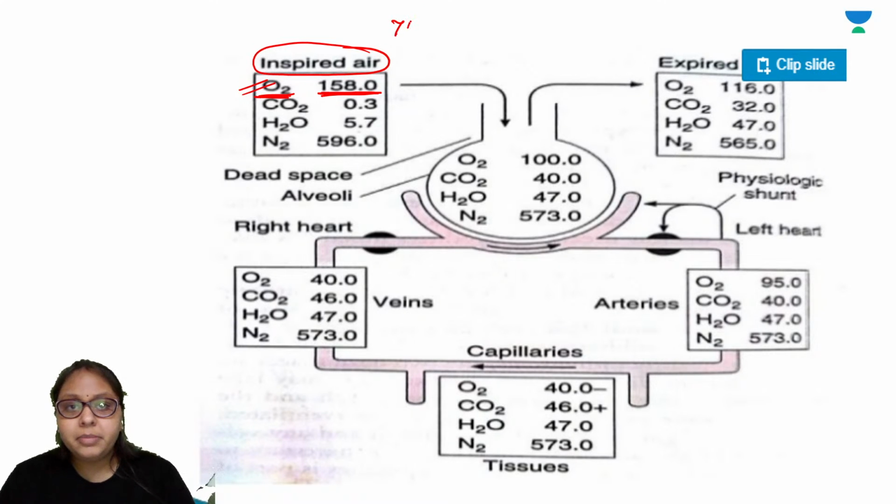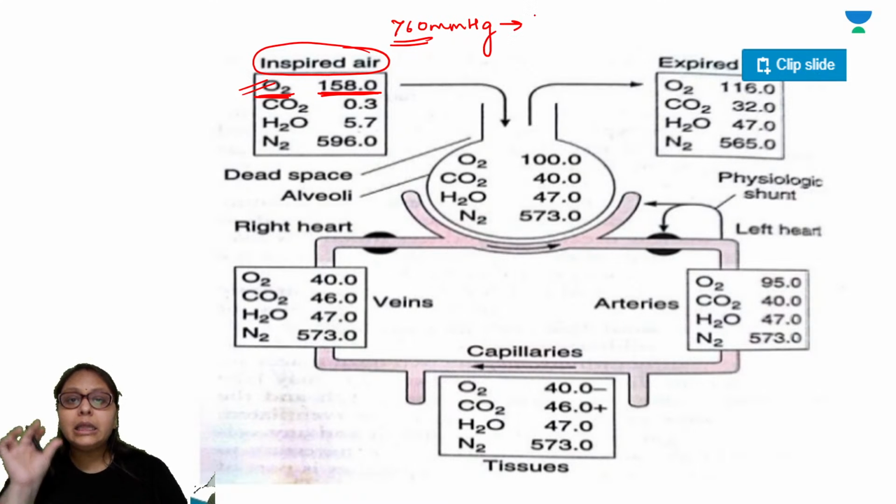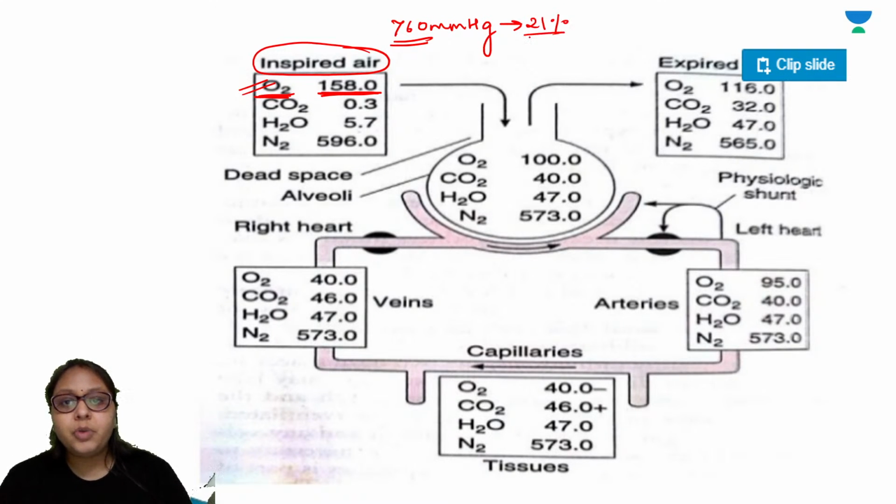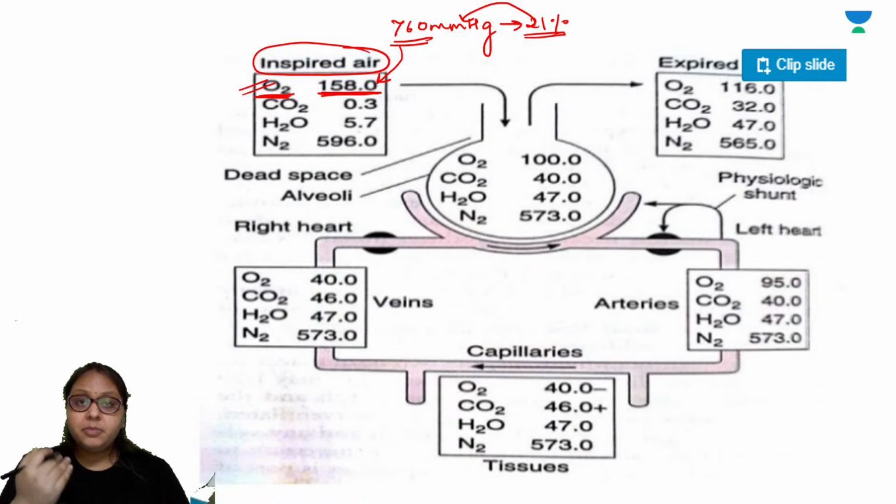Because the total atmospheric pressure is 760 millimeters of mercury, and the percentage of oxygen in air is 21%. So 21% of 760 is equal to 158 millimeters of mercury. That much partial pressure of oxygen we are inspiring.